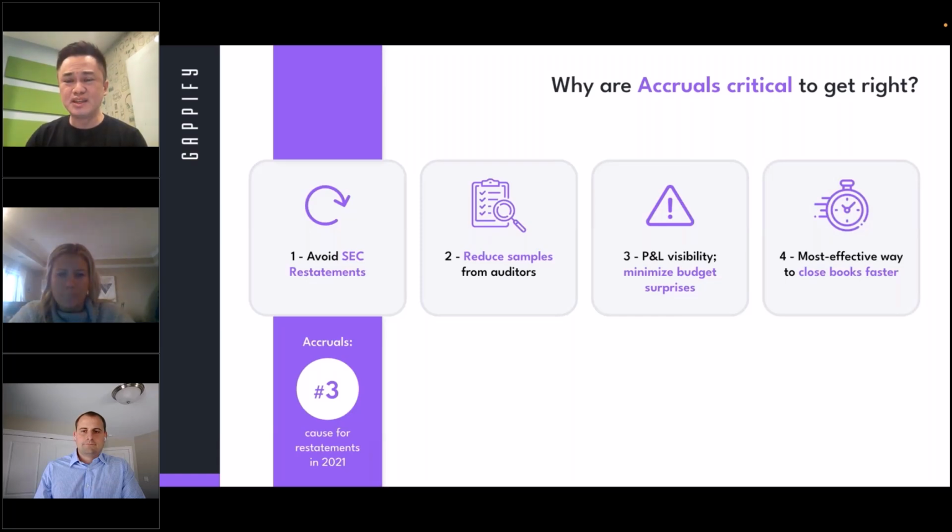Then lastly, this also gets overlooked quite a bit. Accruals, of course, we talked about why it's important to get right, but if you can do it right and you have a good process, this is one of the biggest levers that you have to closing your books earlier. So what do I mean by that? If you're closing the books right now in 7 days, that's probably because you're waiting for a lot of actuals to drop in between day 0 and day 7.